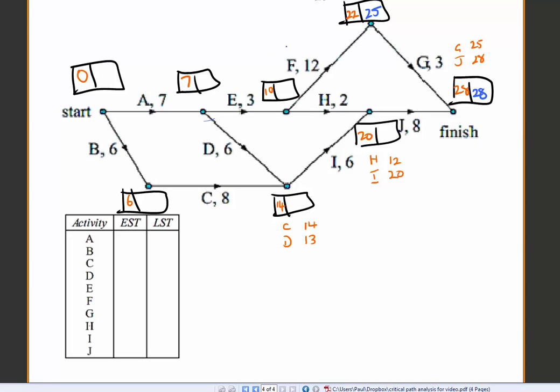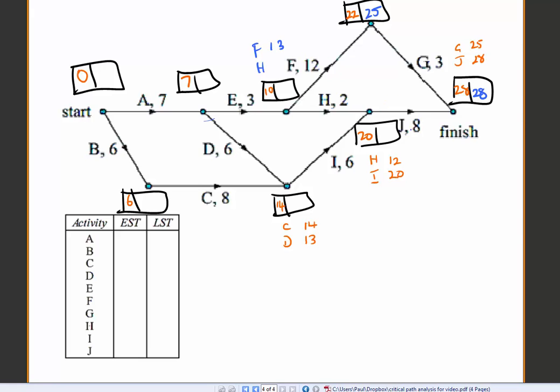Okay, let's keep going. 25 take away 12. Okay, now I might be tempted to write 13 there, but I've got to consider F and H. So let's write down F and H. 12, so that one was 13.